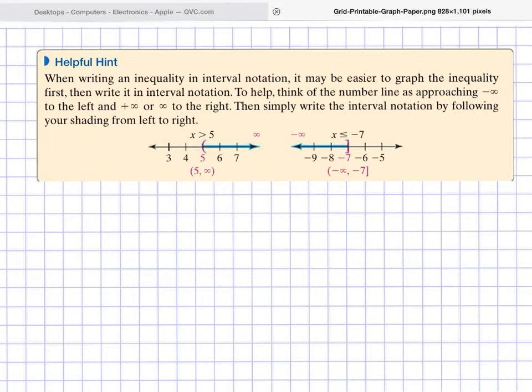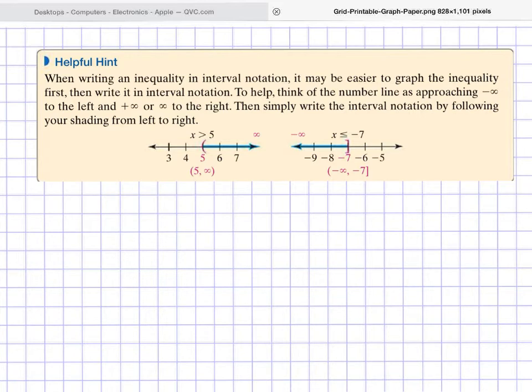So what happens when we approach infinity, we never indicate infinity with a bracket. Remember, brackets are used when you have an equal sign in the inequality, like the picture on the right here.